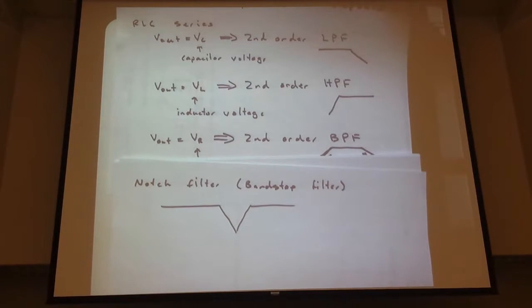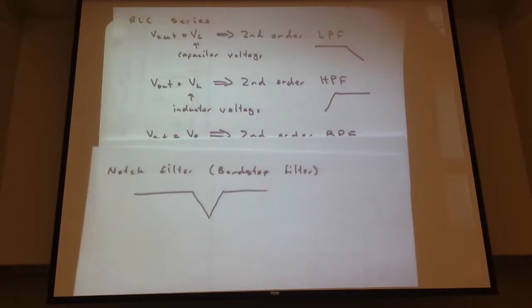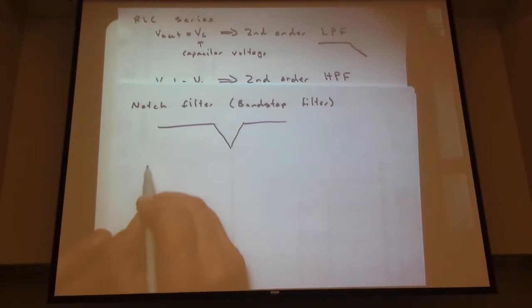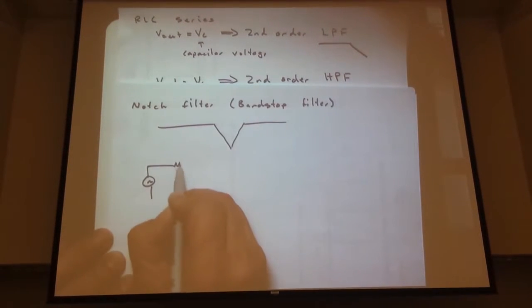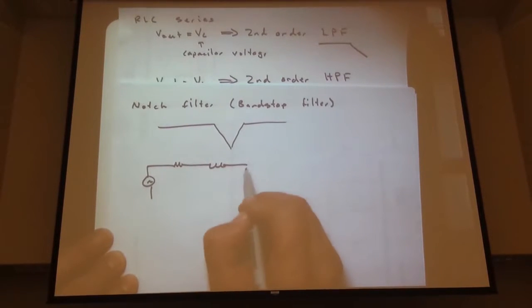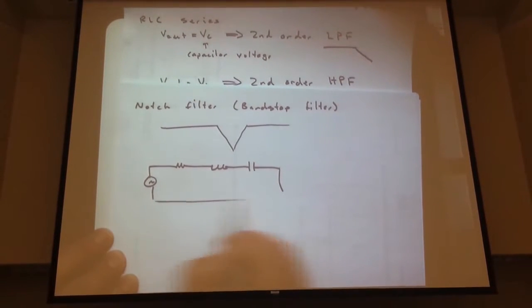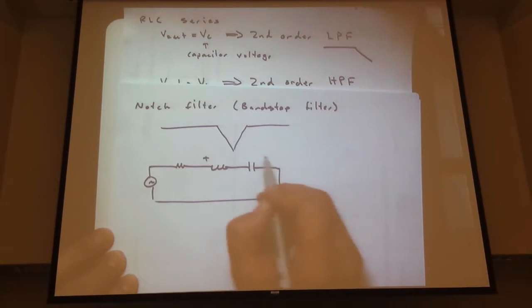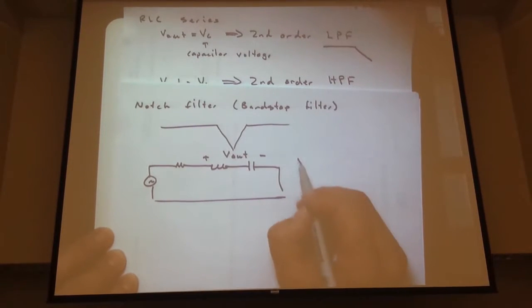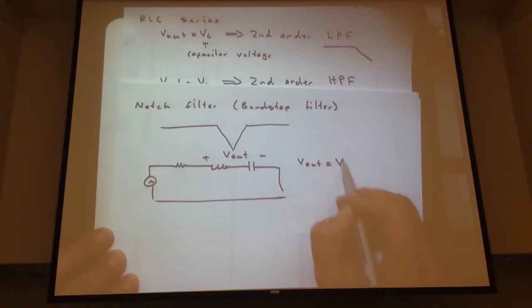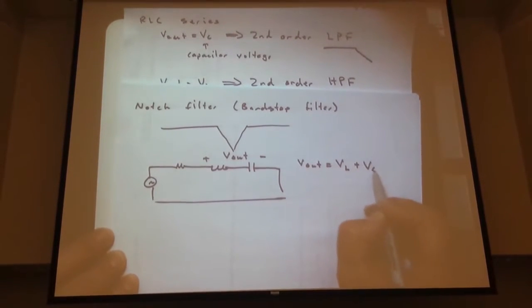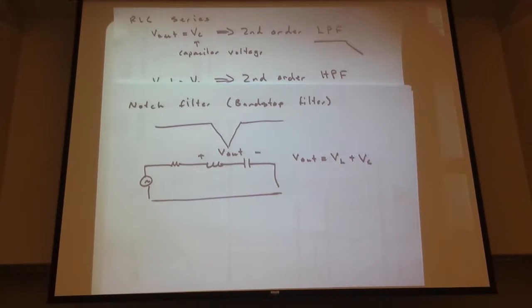So we can measure across more than one component. And so if we look at our RLC series circuit, if there's our V out, if we think about this just from a circuit point of view, as frequency goes to 0, what do we do with the inductor and what do we do with the capacitor?